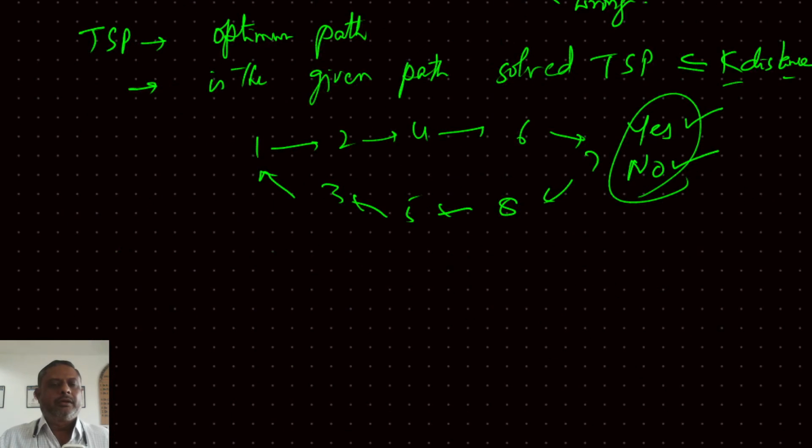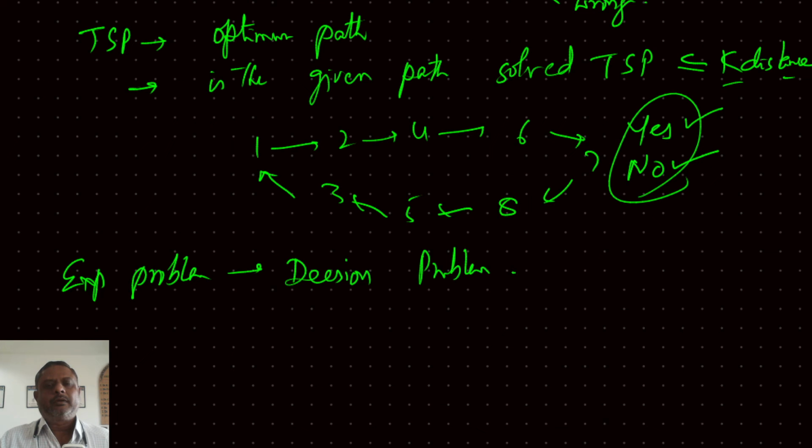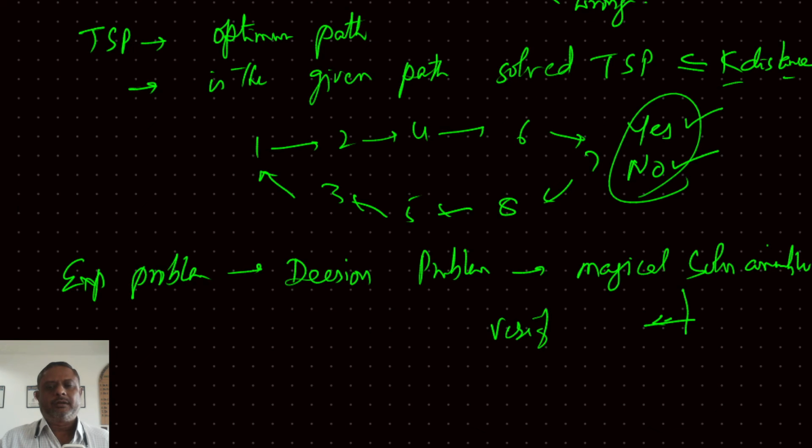So an exponential problem converted into a decision problem, a magical solution available, and this solution can be verified in polynomial time.